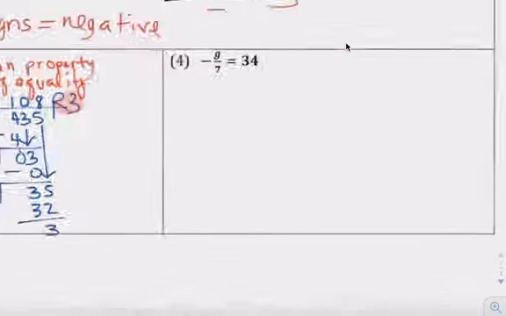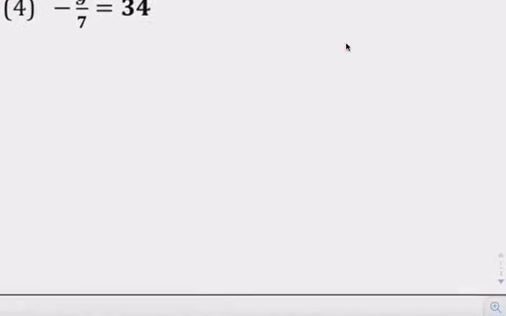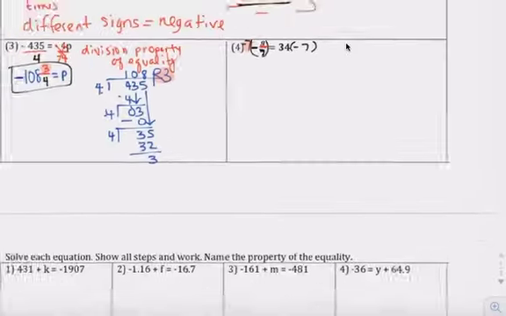Let's look at this one here. You want to get rid of negative 7. How do we get rid of negative 7? We multiply by a negative 7. This is division, so we multiply.